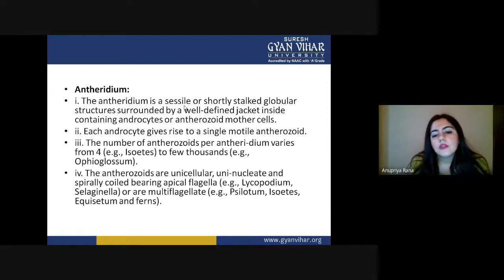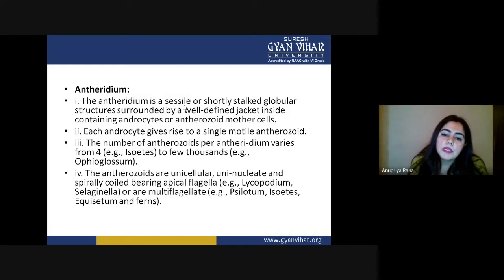Now the singular antherozoid produced by the antherozoid mother cell is unicellular, obviously, and uninucleate, with one single nucleus. It is spirally coiled, bearing flagella that help in its motility.